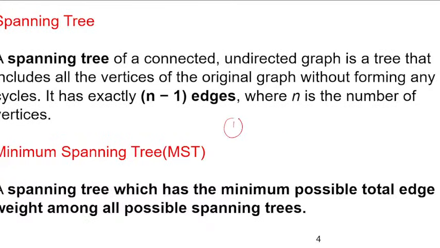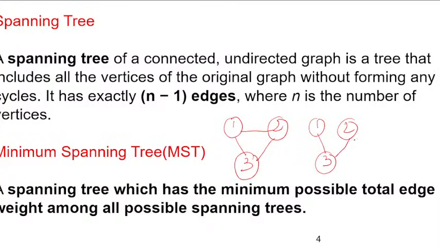Suppose you have a graph like this, there are 3 nodes here connected together, and the spanning tree means a subtree of this graph which contains all the nodes and n-1 edges. So now there is a link between 1 and 3 and 2 and 3, that's it. So this is a spanning tree.